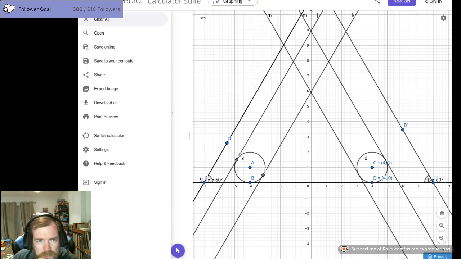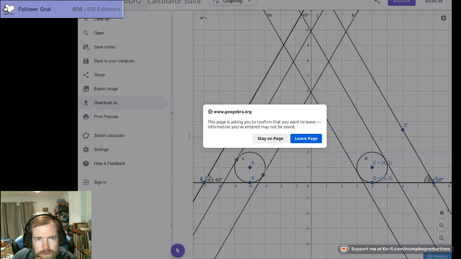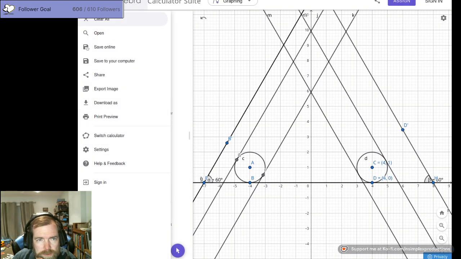There used to be a way to go in here and check all the values that we plugged in. So like, the stay on page. Stay on page.